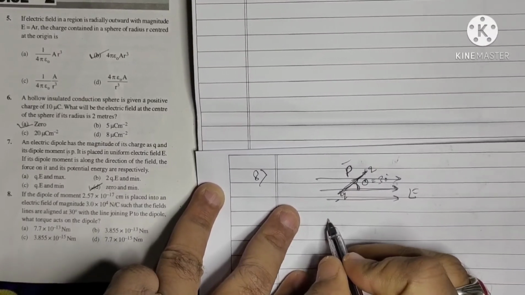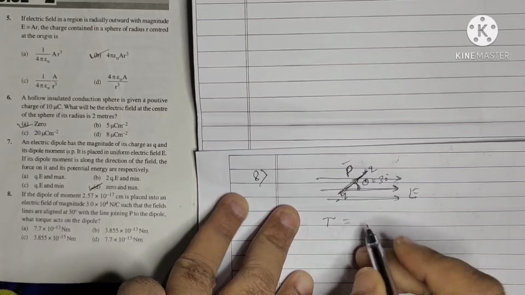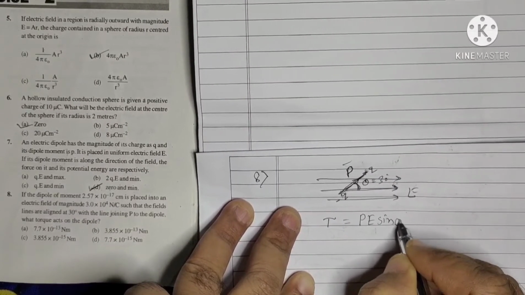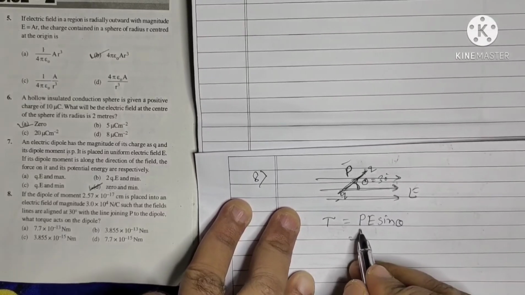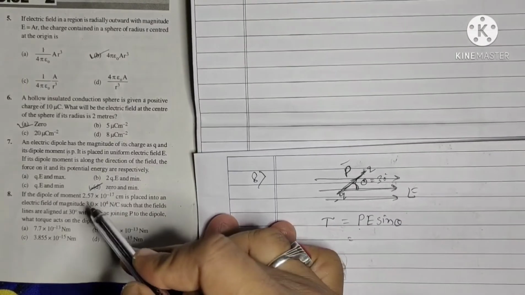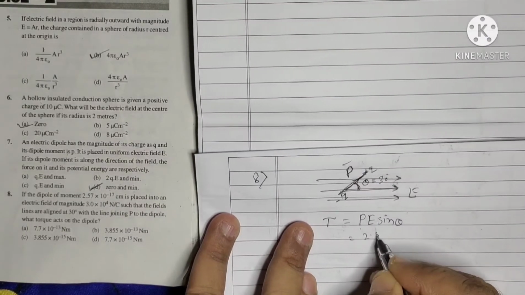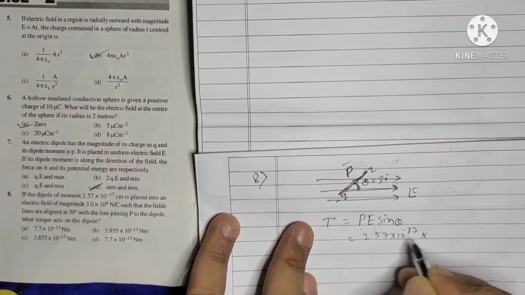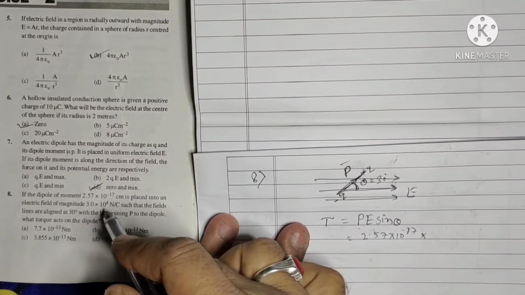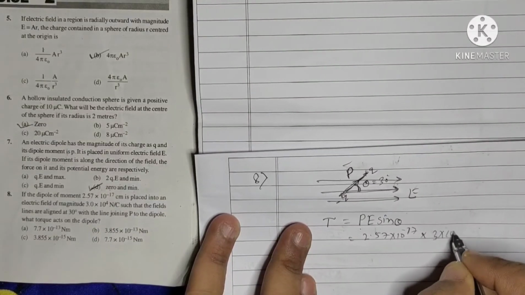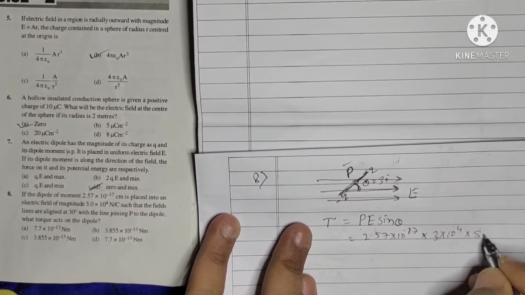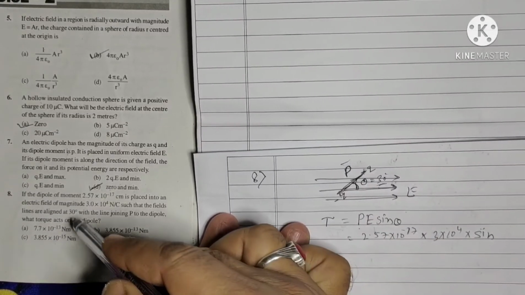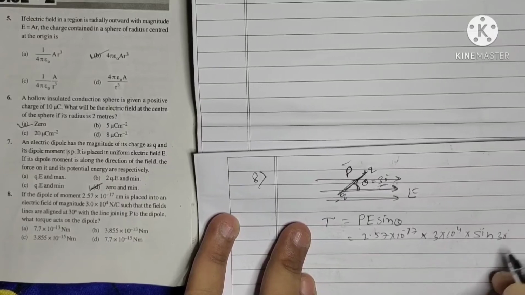So for the torque acting, the general formula we know is tau equals PE sin theta. Here the dipole moment P is given as 2.57 into 10 power of minus 17, the E value is given as 3 into 10 power of 4, into the sine of the angle between these two, which is 30 degrees.